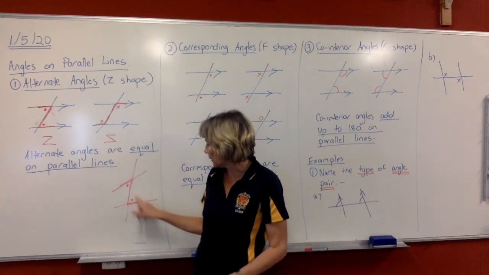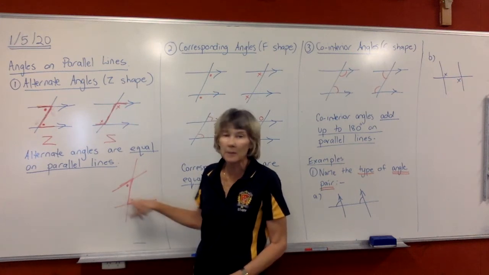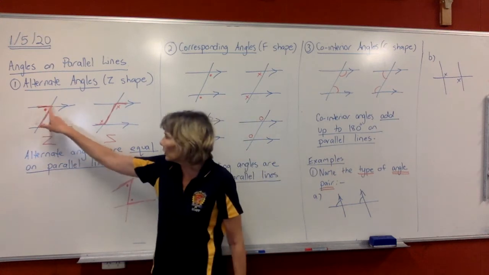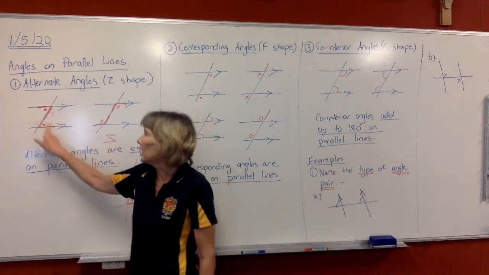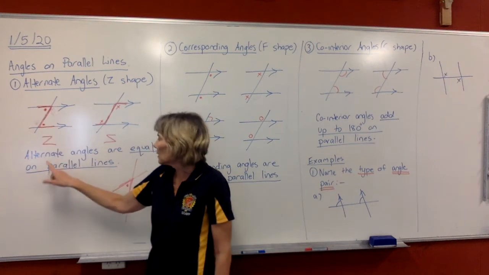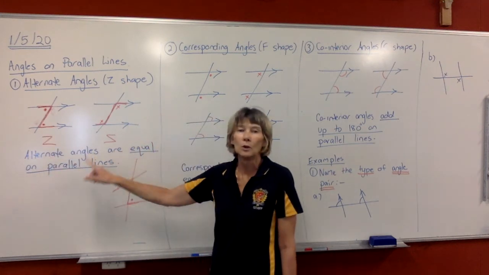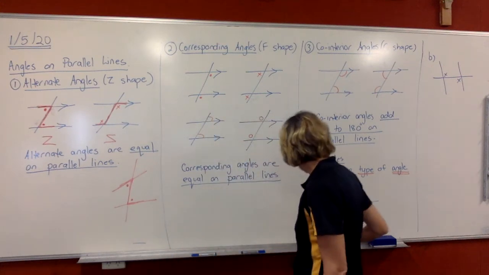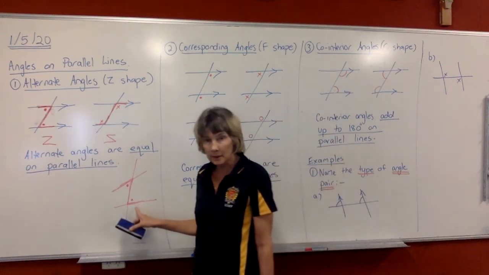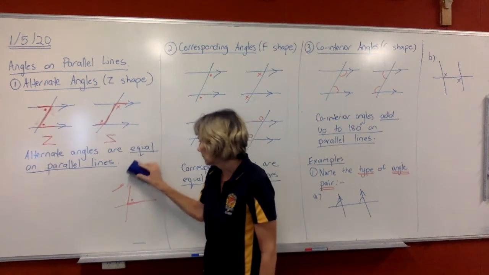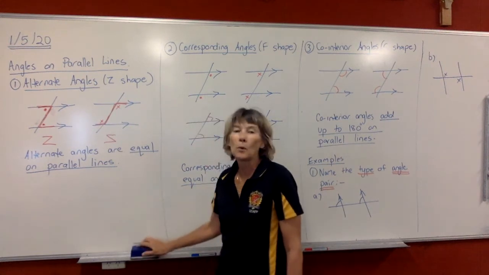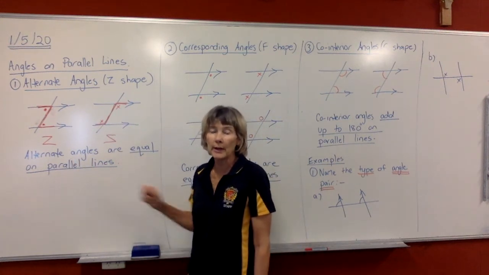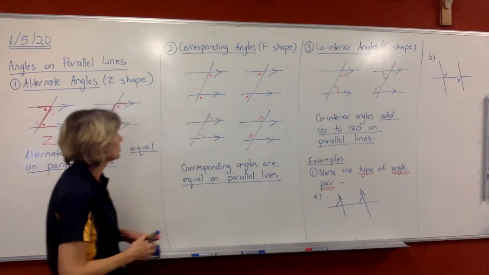So you can see when you look at them, the size of them, they don't look the same. But if you look at them when the lines are parallel, they do look the same size. So the alternate angles are equal on parallel lines. So you can still have alternate angles without parallel lines, but they won't be equal. So mostly what we'll be doing is using this. Alternate angles are equal on parallel lines.